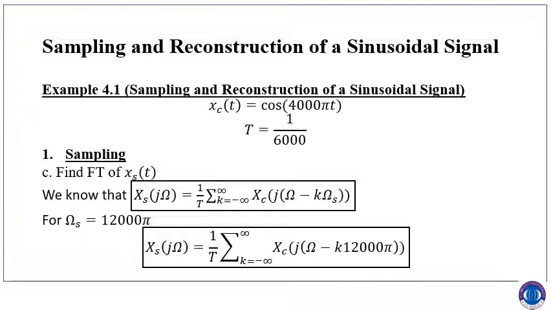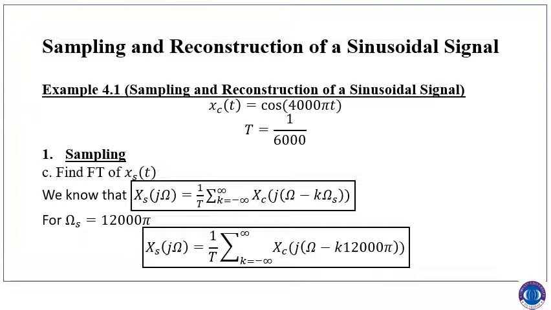So what happens when we convolve Xc(jω), the spectrum of the continuous signal, with many periodic impulses? That spectrum appears on each impulse. The overall amplitude scaling becomes 1/T. Why?